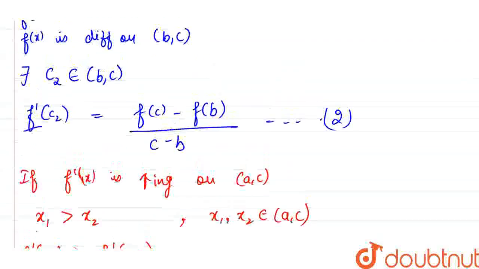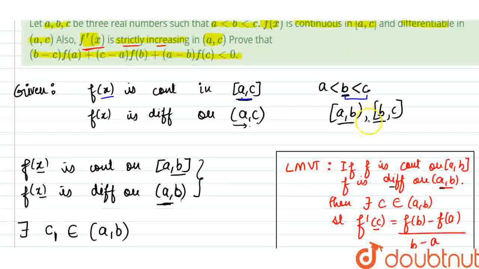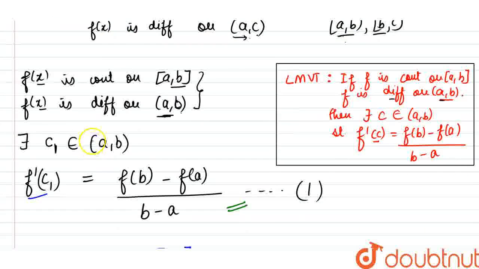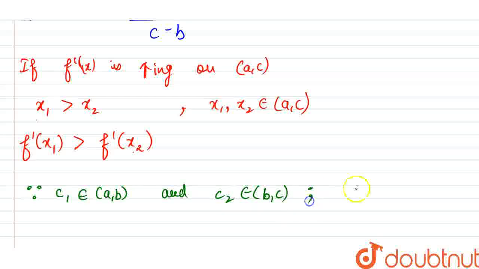We have divided the interval a to c as a to b, then from b to c. So any point that lies in the interval a to b, that is c1, and c2 lies in the interval b to c, and we have been given that a is less than b is less than c.